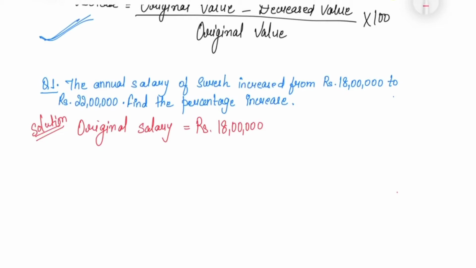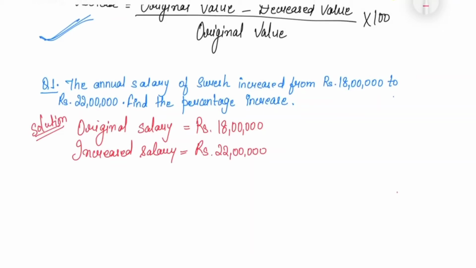So the increased salary for Suresh will be rupees 22 lakhs. Based on this, you can find the whole answer through the formula itself. So let's go according to the formula.